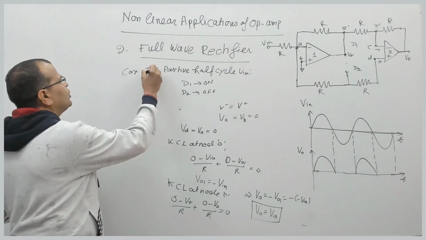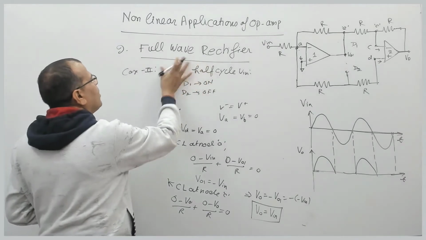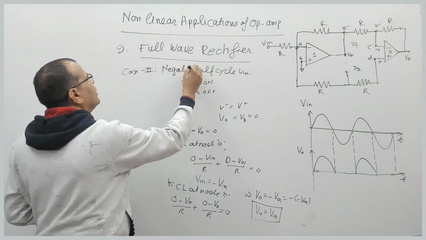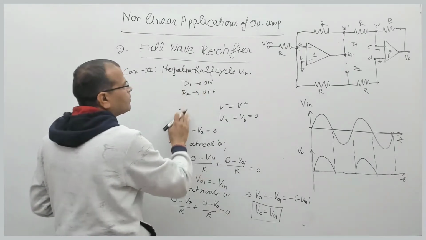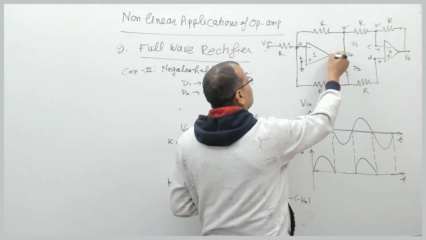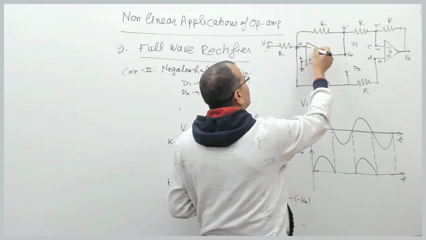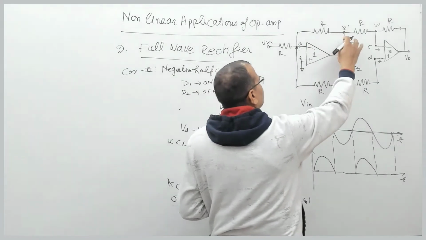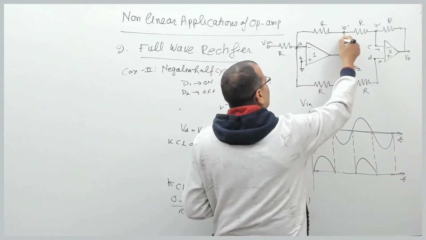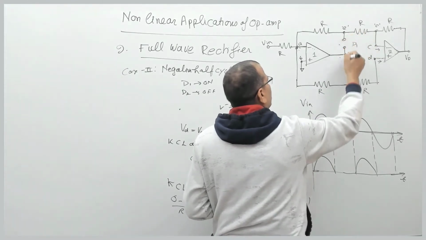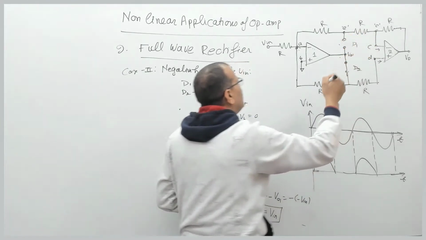Now case 2. Let us talk about the negative half cycle, right? For the negative half cycle, the input is negative, so this point becomes positive because it is connected in inverting mode. In that case, diode D1 will be reverse biased, and diode D2 will be forward biased.